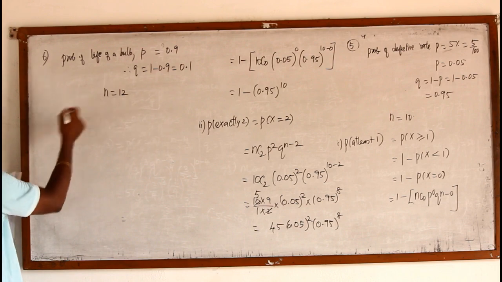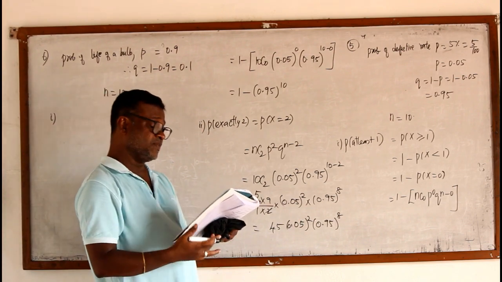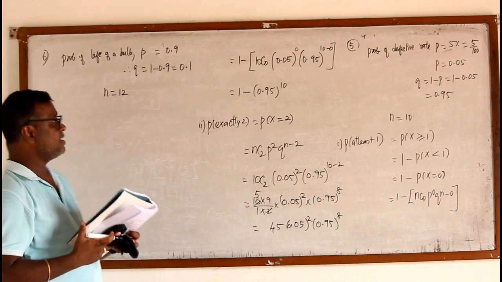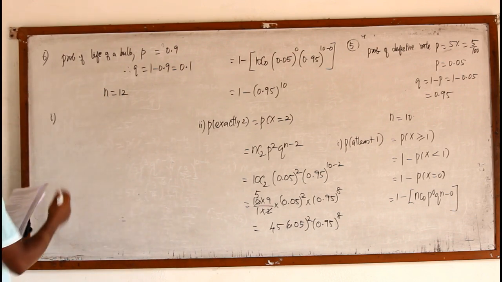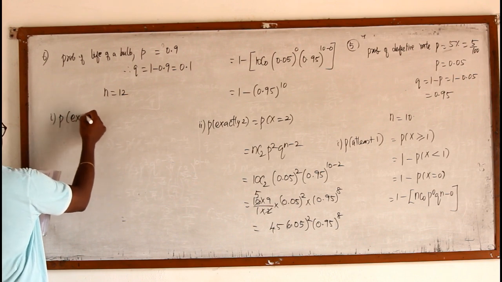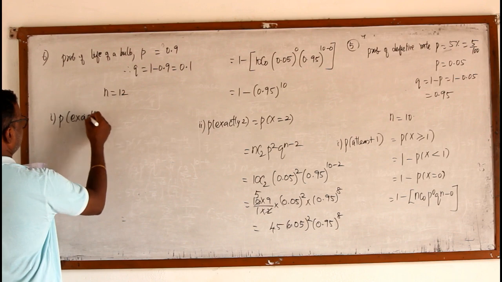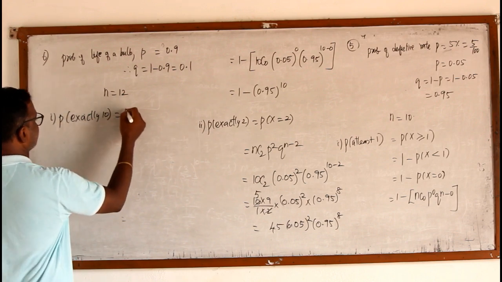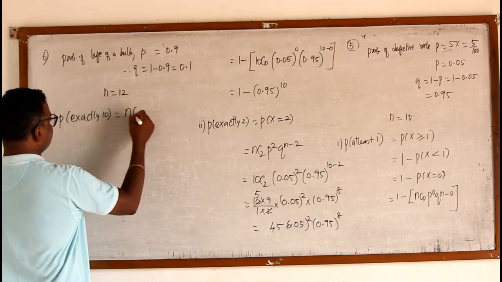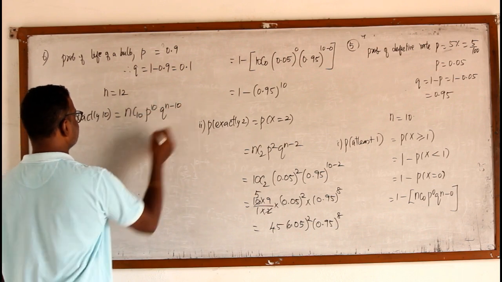Now, everything is for 600 hours. See here, the first question is for 600 hours, second question is for 600 hours, third question is also for 600 hours. So we should go for finding the answer straightly. That is probability of exactly 10. nC10 P power 10 Q power n minus 10.